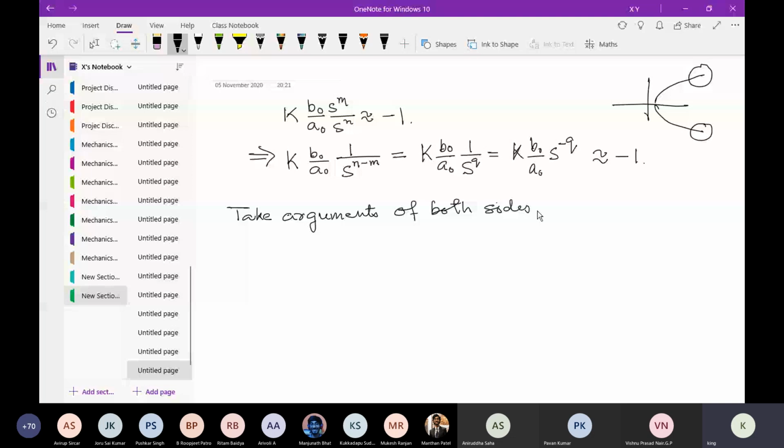So we have, and this is immediately equal to, whereas this side k is a positive quantity, b0, a0, they are also real numbers.